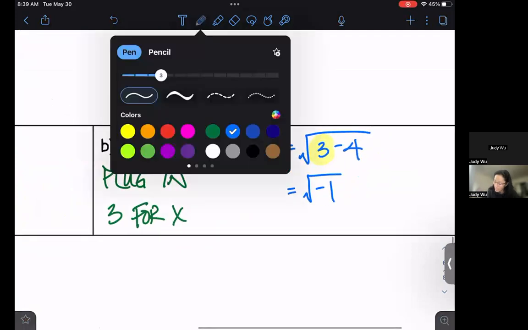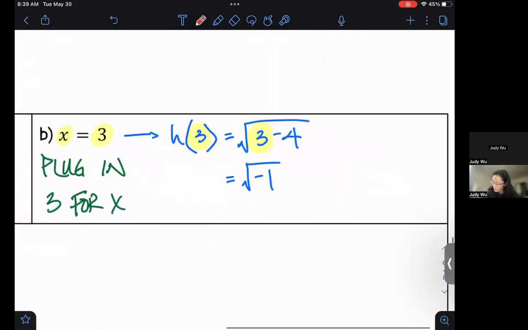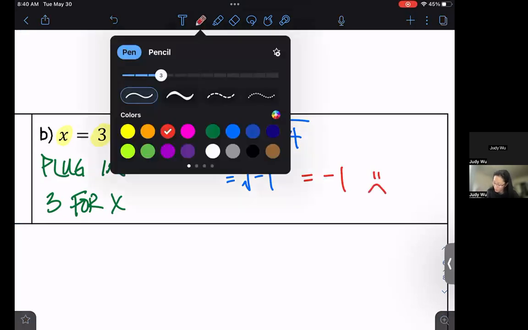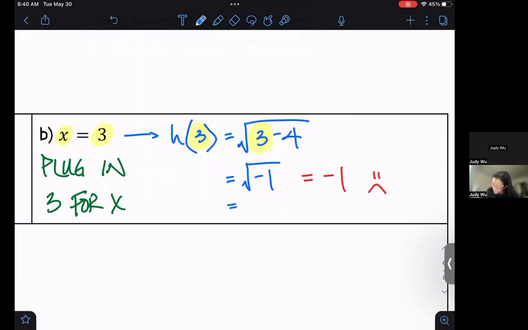And if we put this into our calculators, we're going to get an error. Some of us might start to panic and be like, well, I must have typed in something wrong. So this has got to be negative 1, right? But that is not true. This, in fact, becomes i. The square root of negative 1 is i.